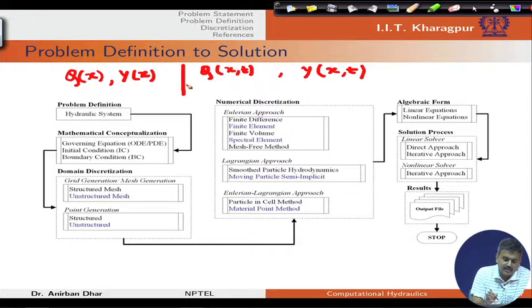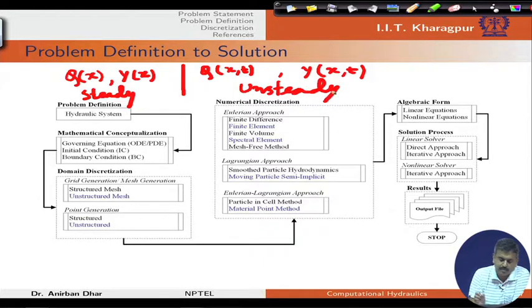So, this is essentially a steady problem and this is unsteady problem. In steady problem, the quantities Q and y are not varying with t, but in unsteady problem Q and y, these two quantities are varying with time. So, this is the first assumption, that our discharge and flow depth, these two values are varying with time.